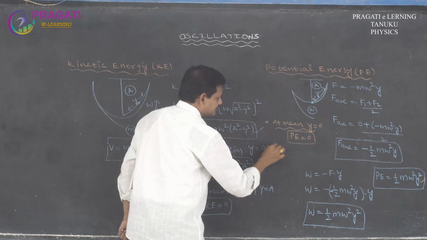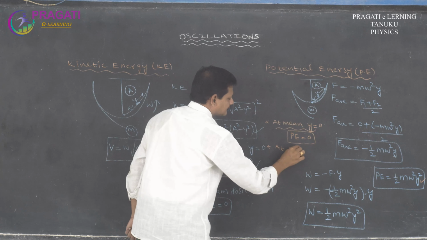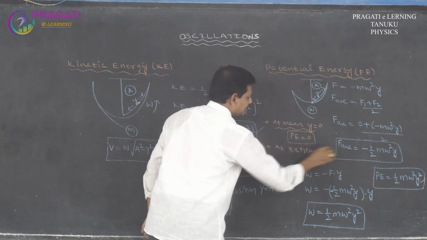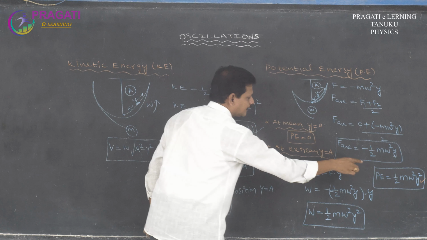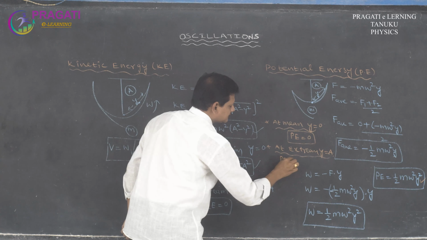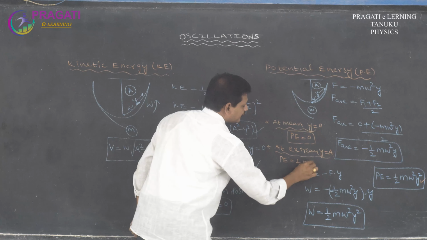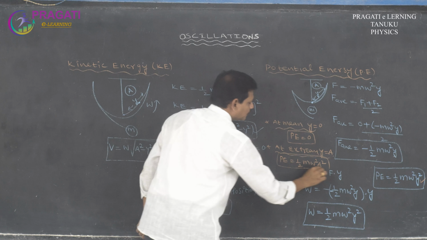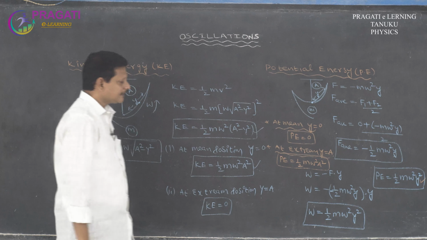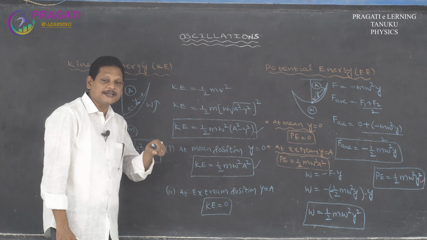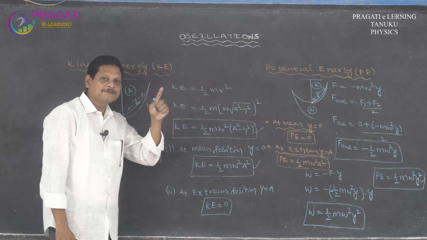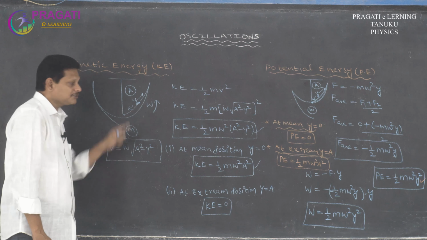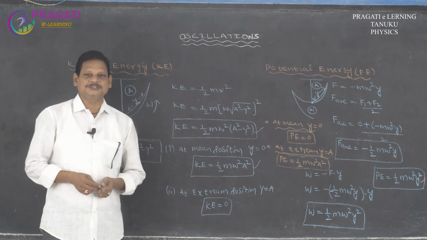Next, at extreme y is equal to a, that is displacement is maximum, then the potential energy PE is equal to half m omega square A square. So we conclude that potential energy is 0 at mean position, maximum at extreme position, whereas kinetic energy is maximum at mean position and 0 at extreme position.